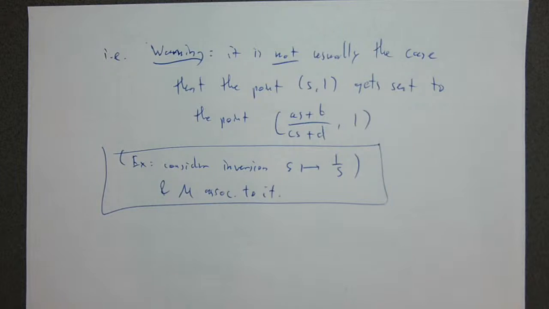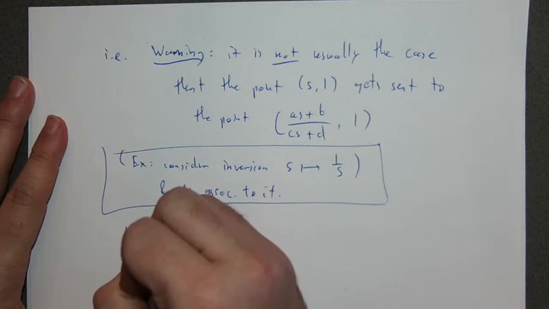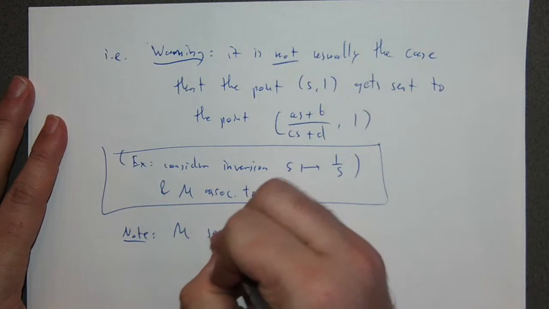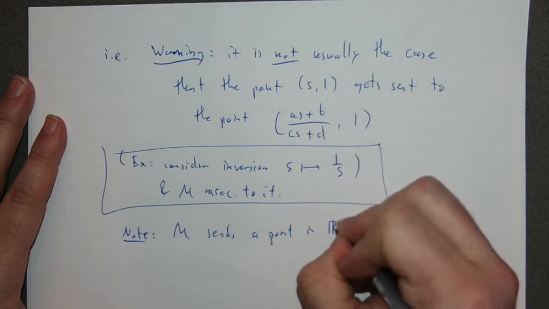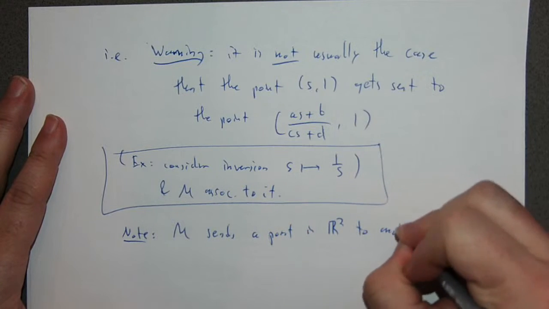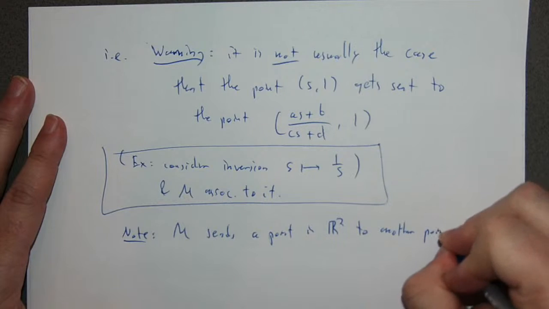So note, M sends a point in R2 to another point in R2, sometimes the same point.